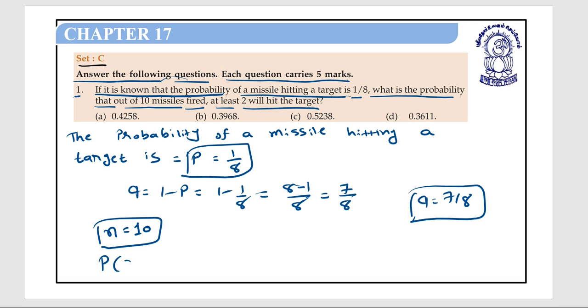So probability of at least 2, that means P of x greater than or equal to 2.